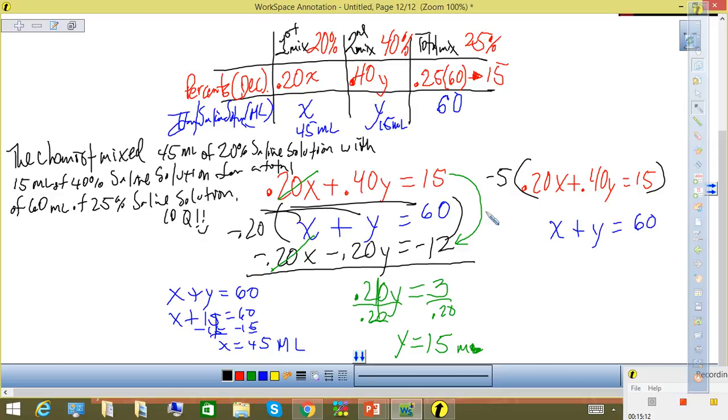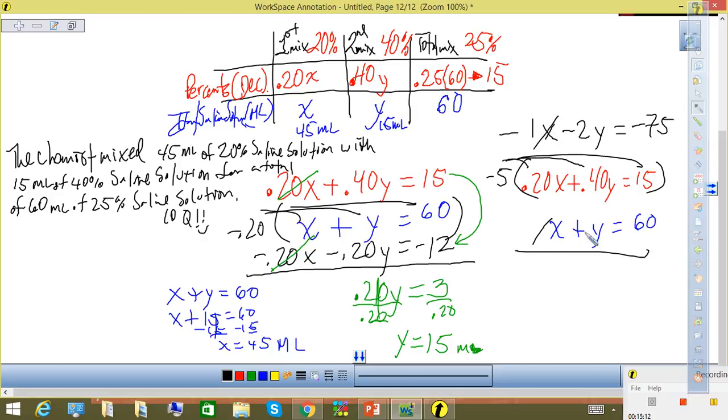I said any equation times a number to eliminate x. So let's see. This becomes -1x, -2y equals negative, what is that, 75?